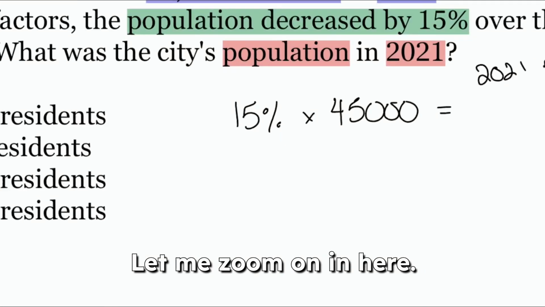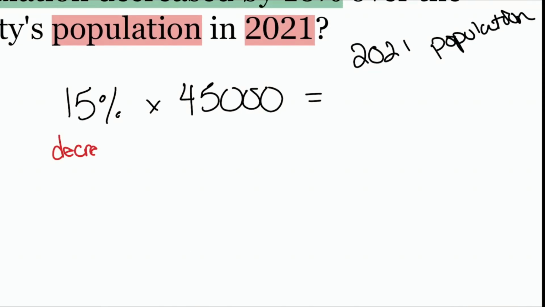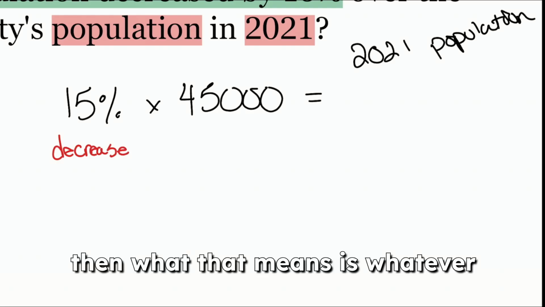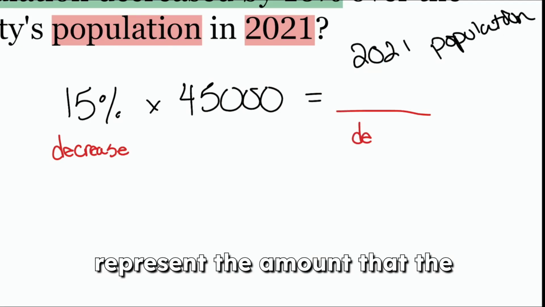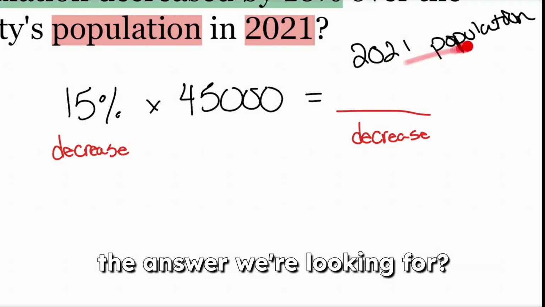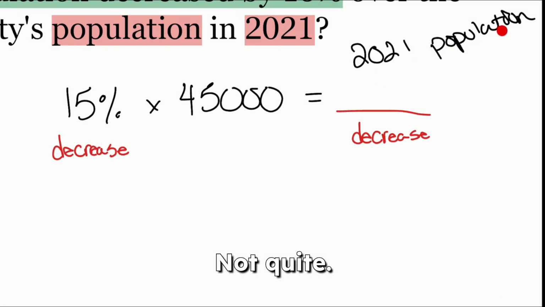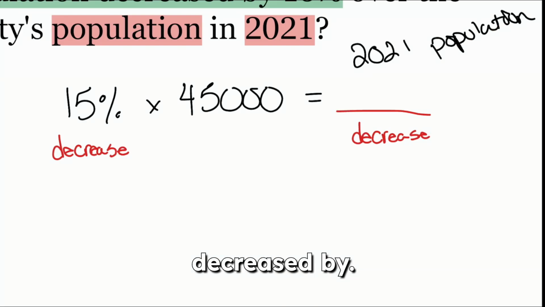If 15%, let me zoom on in here, if 15% represents the decrease in population, then whatever number is here is going to represent the amount that the population decreased by. Now, does that make sense in terms of the answer we're looking for? Not quite. If we're looking for the 2021 population, we are not trying to get how much the population decreased by. We want the final population in 2021.